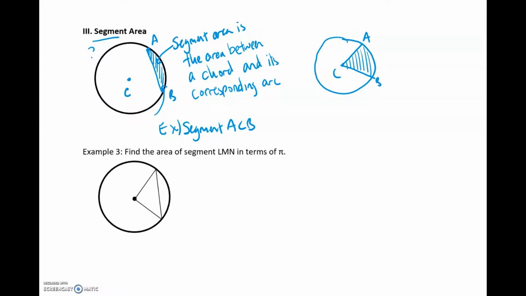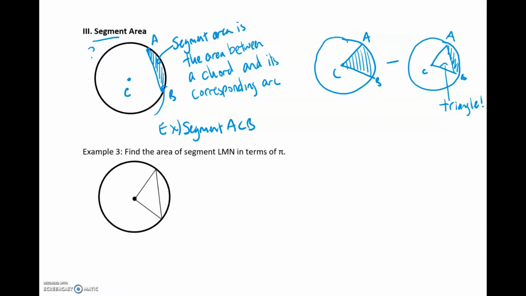And we don't want the whole thing, right? So we want to take away a piece of that sector to leave behind just the segment. And if you think about it, what shape do we take away? Well, I'm taking away this triangle. So there's no formula for this. It's just a plan.